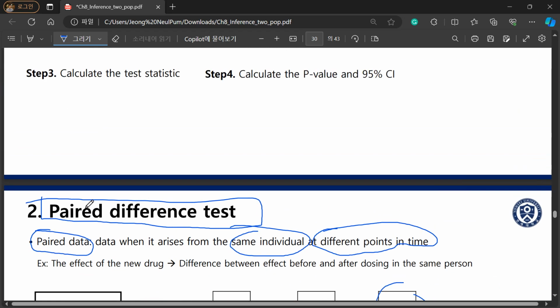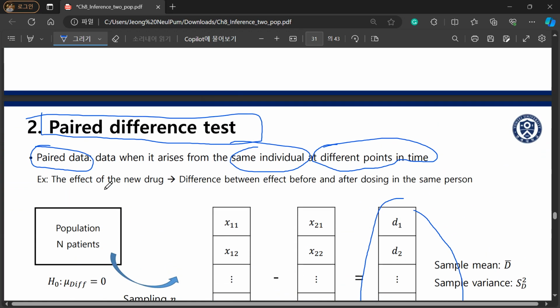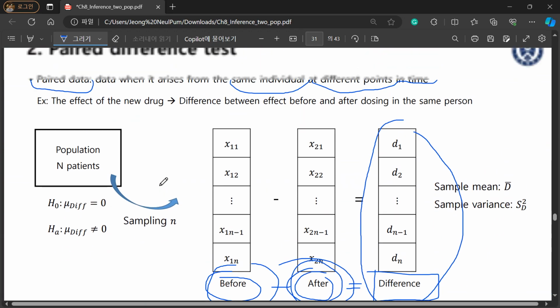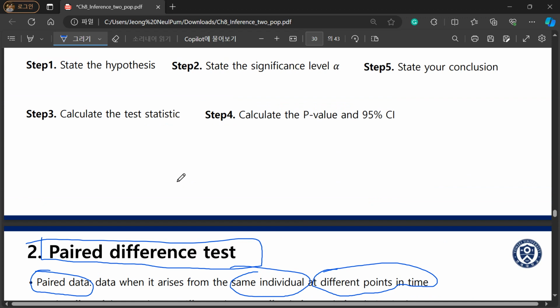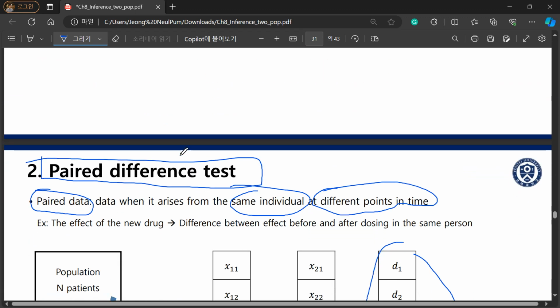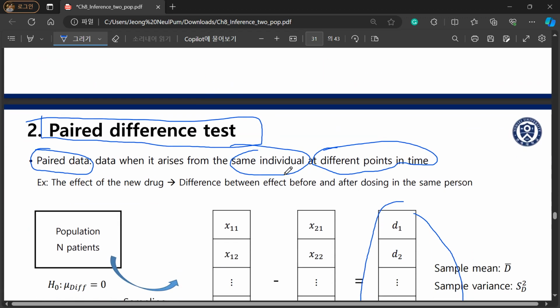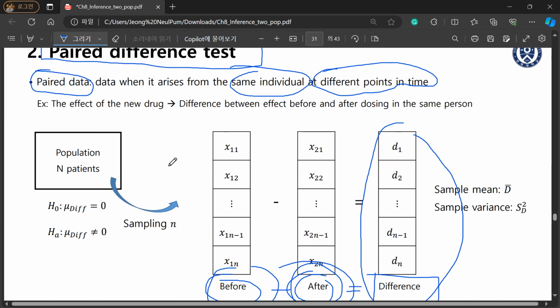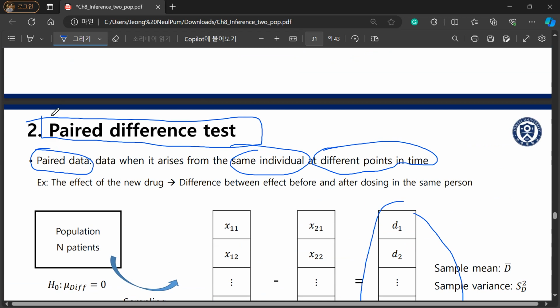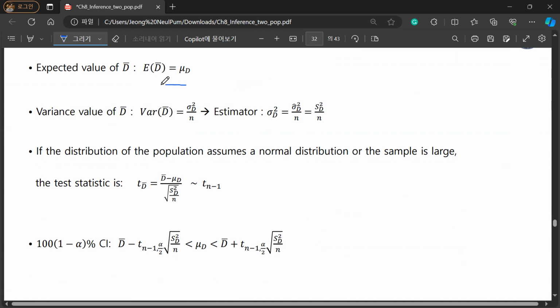So you have to be sure that when you see a problem or an example, and it is telling you about some experiment with before and after data, you are following this situation. You have to recognize that this is a paired difference test and use this formula.